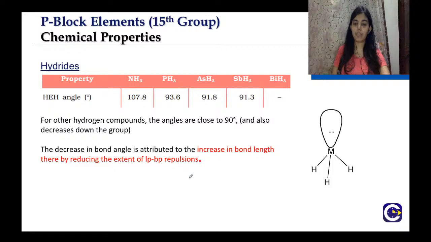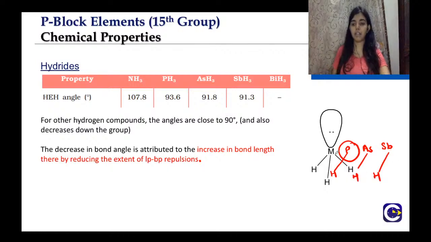Now this is also very important. See, what is happening here is that if you take, let us say, phosphorus, or arsenic, or antimony, basically because they are larger in size than that of the nitrogen, they are having longer bond lengths between phosphorus and hydrogen, or arsenic and hydrogen, or antimony and hydrogen.